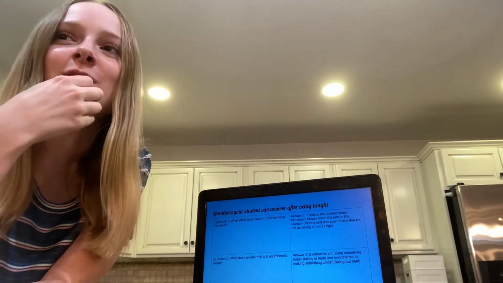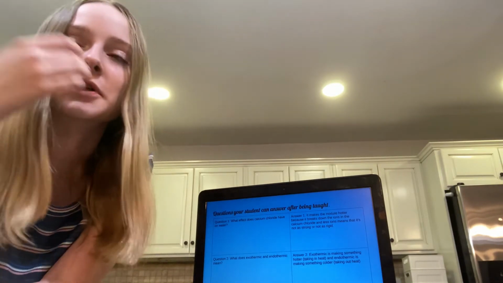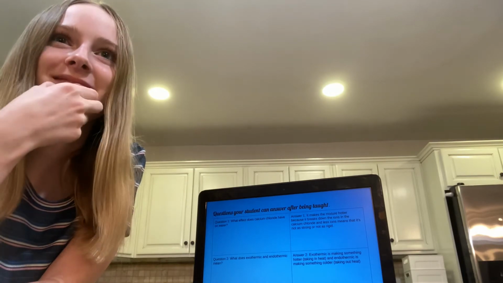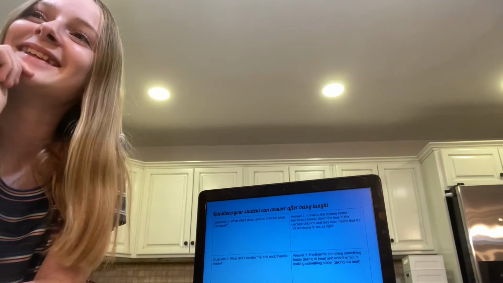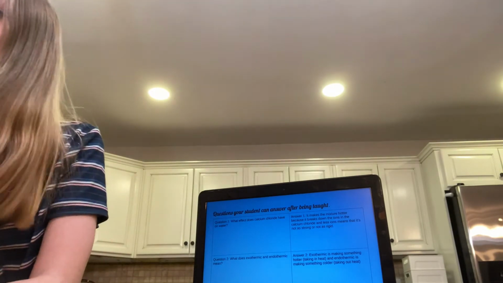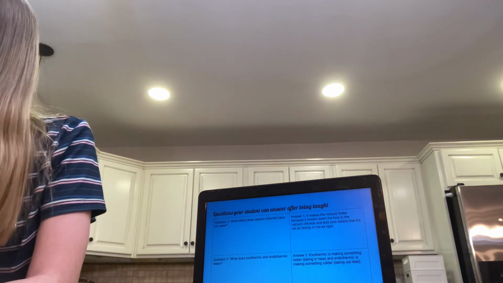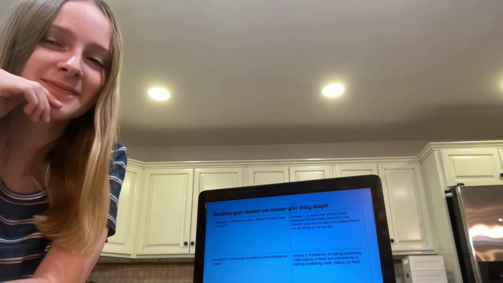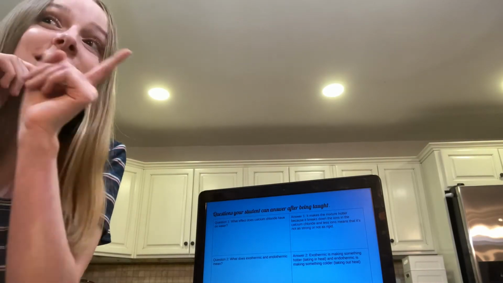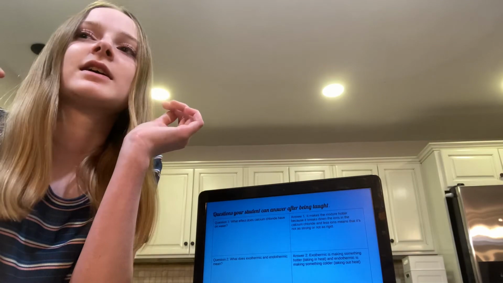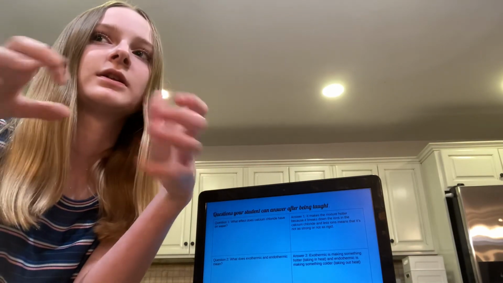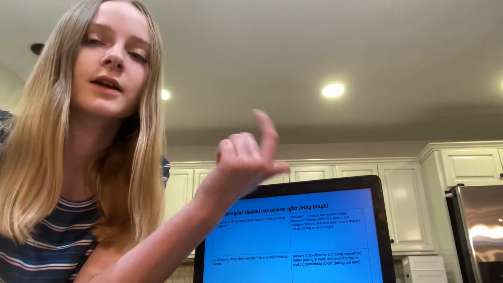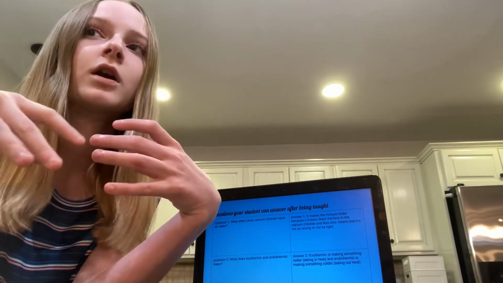So the calcium chloride doesn't make it hotter or colder. Hotter. Yes, okay, yes. Because it takes more energy to break it apart, so it makes it hotter.